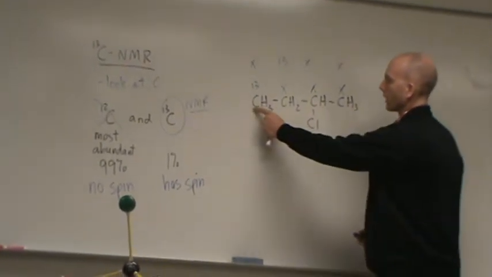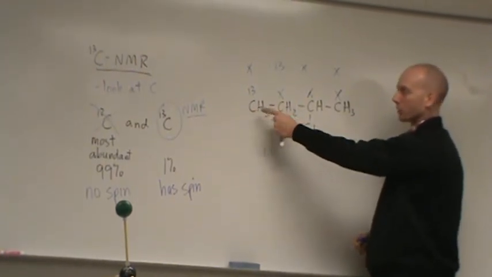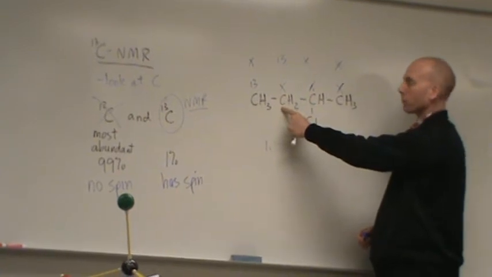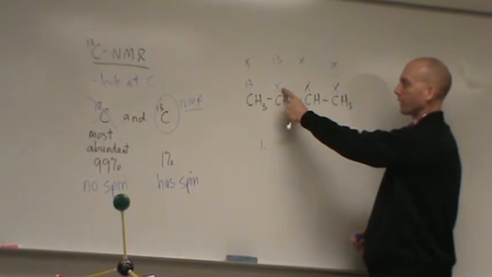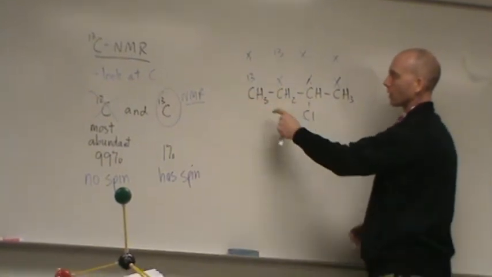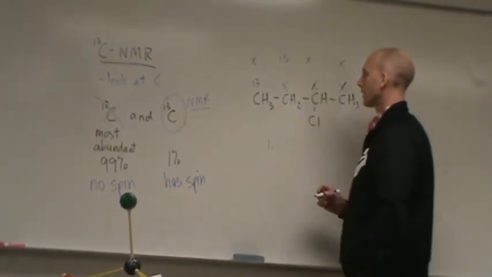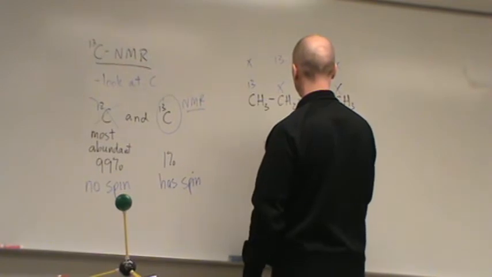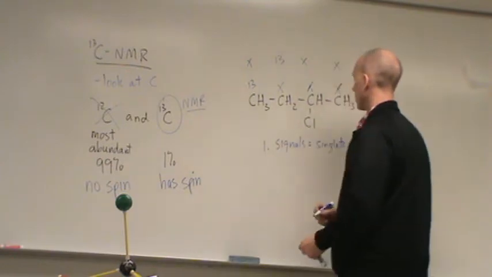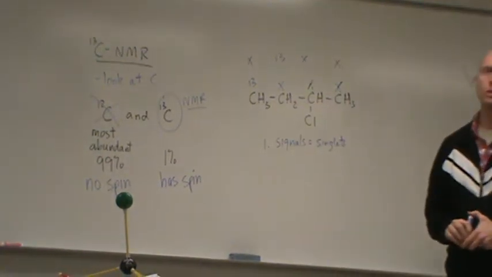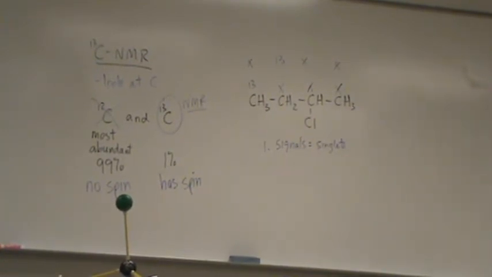Well, if I'm looking at this carbon and its neighboring carbon, so it's being split by this carbon, but that carbon is not NMR active, so N would be then what? 0. So that should look like what? A singlet. So the signals will be singlets. That's nice, isn't it? I don't have to worry about looking at all that splitting.